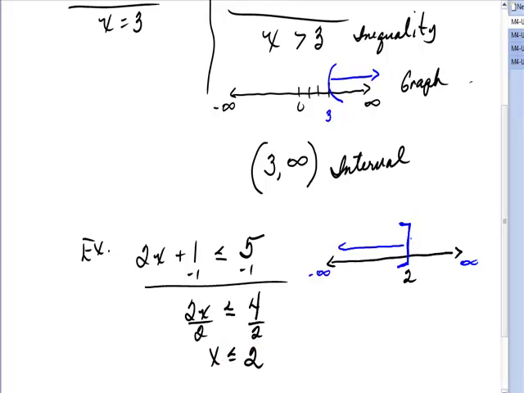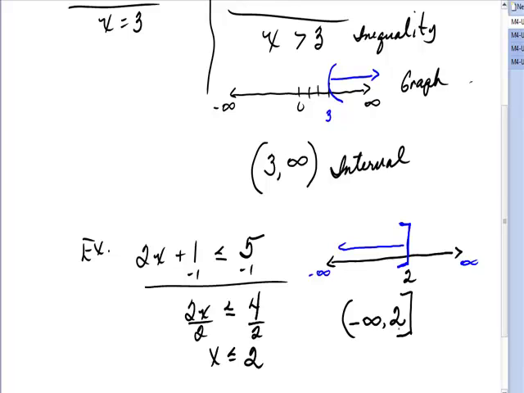The interval notation is always left to right. So the interval in this case is from negative infinity to 2. Infinities always get parentheses because they don't stop at infinity. They don't contain infinity. But the 2 is included as a solution, and we indicate that with a bracket.